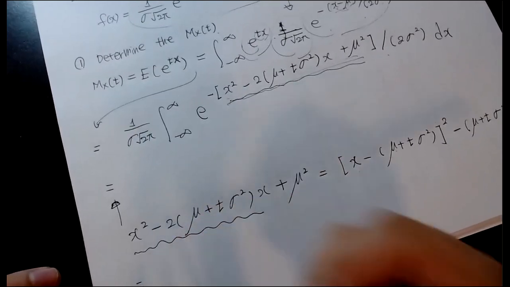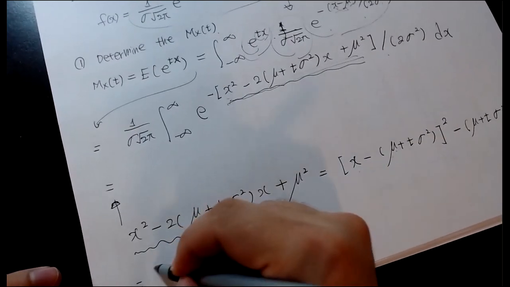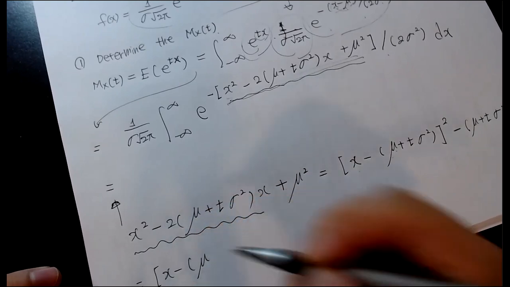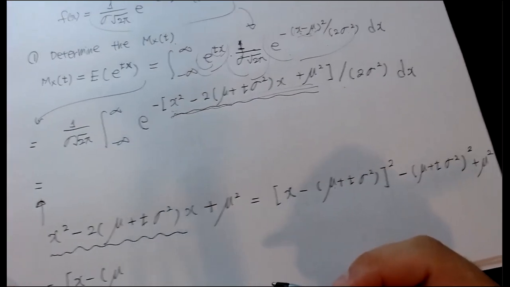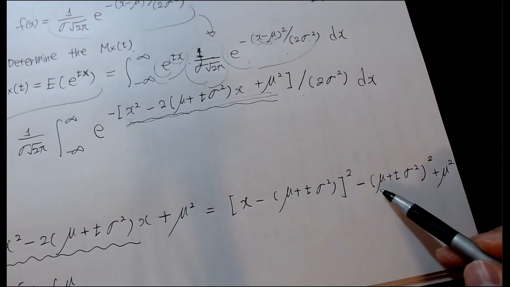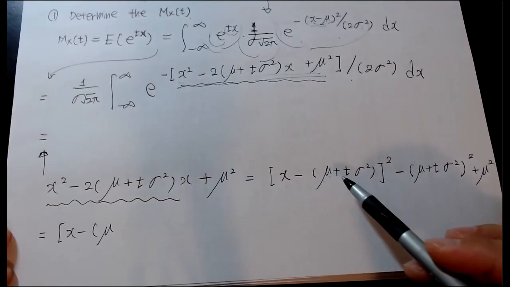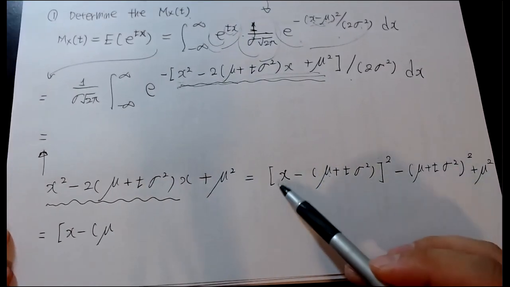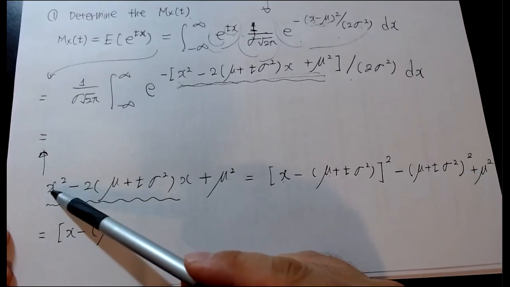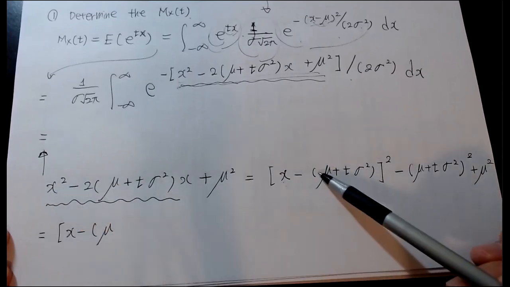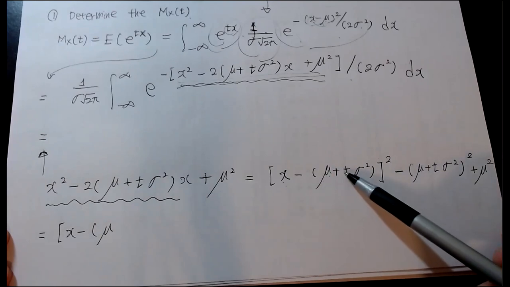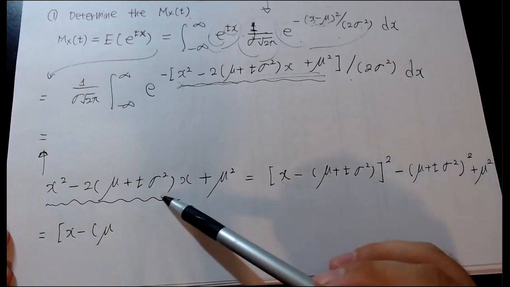So now this is equal to x minus mu. See here? If you do FOIL right there, we're gonna get x squared. Yeah, so we have x squared on the left hand side, right? And then minus 2 times x times (mu plus t sigma squared), which is right there in the left hand side.